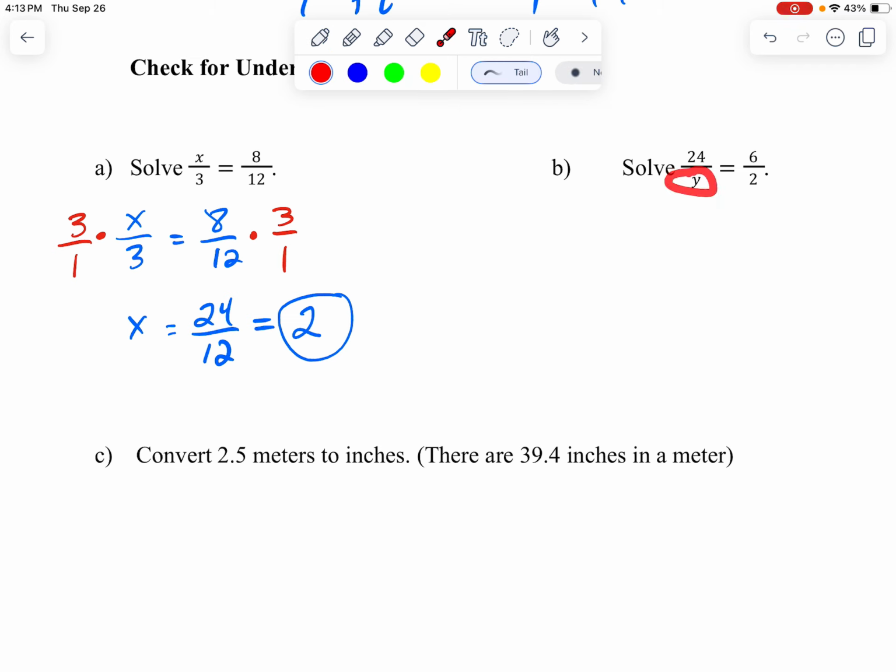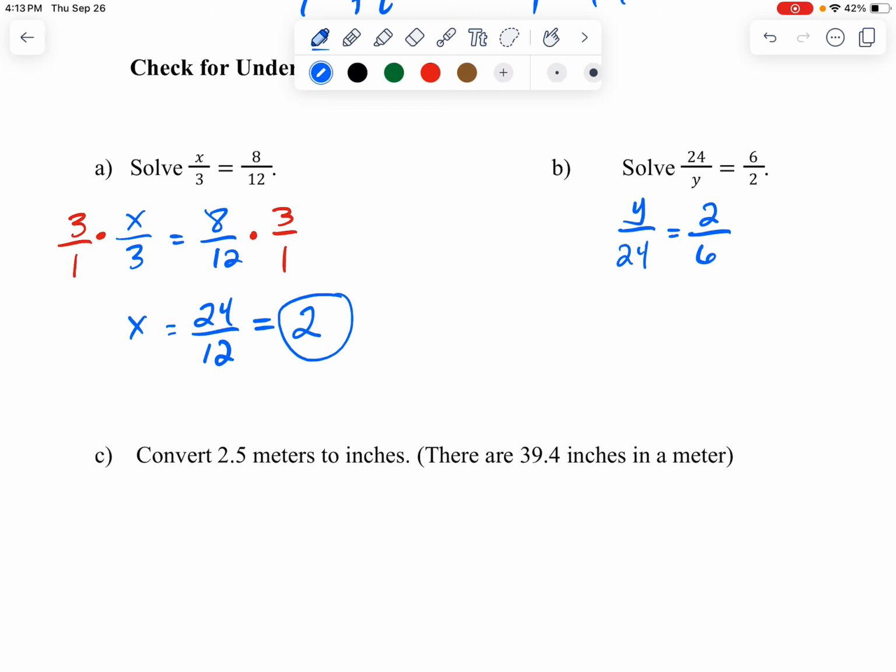And the next one, here our variable is on the bottom. This is where we need to use that little hint I gave up above. That's going to make our lives a lot easier if we just flip both of these. So the left side becomes y over 24, and the right side becomes 2 over 6. And again, they're always going to be solved exactly the same way.